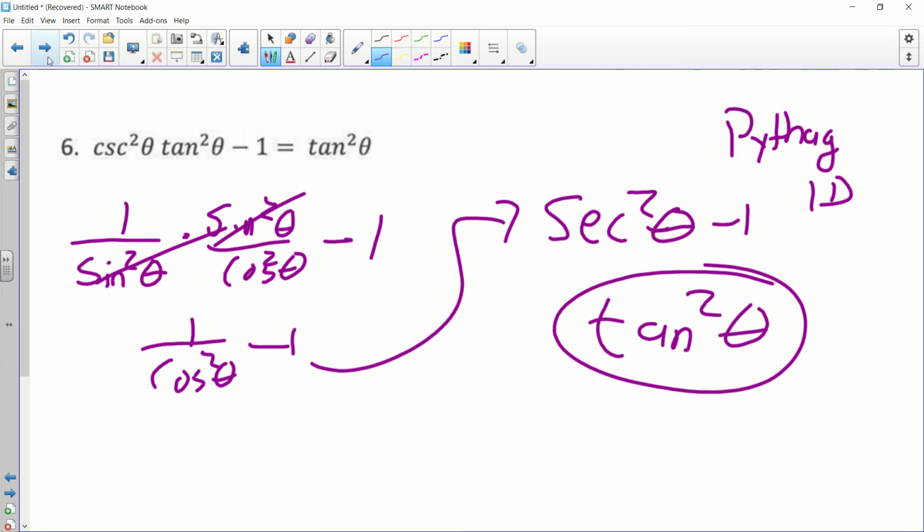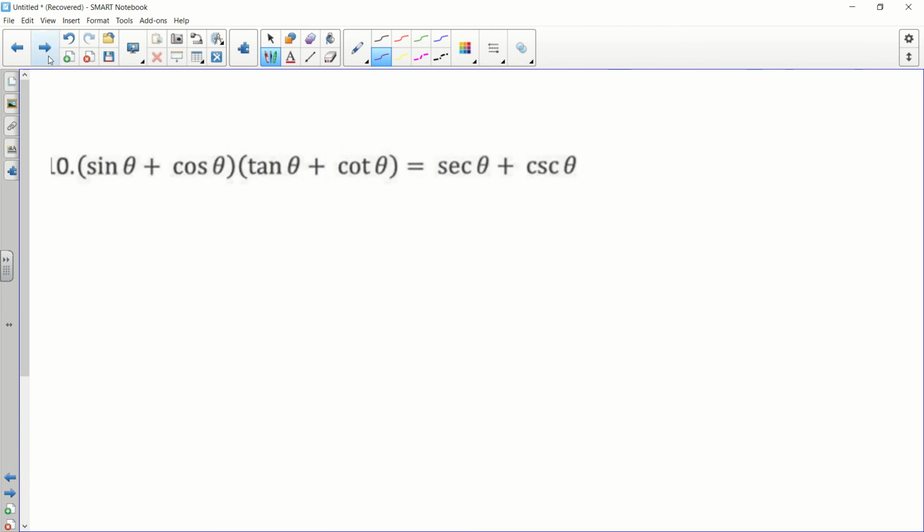My final problem, problem number 10, looks a little complex. Sine plus cosine, times tangent plus cotangent, is equal to secant plus cosecant. So I have sine plus cosine on the first one.